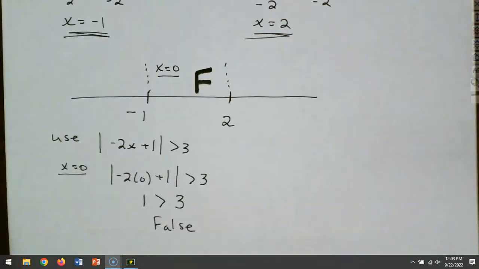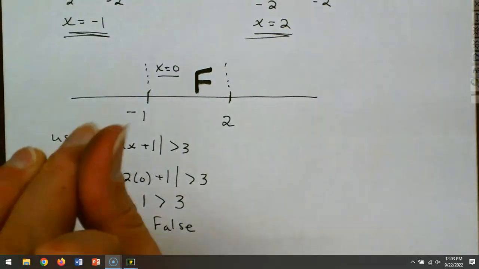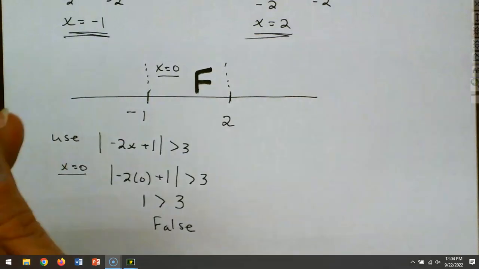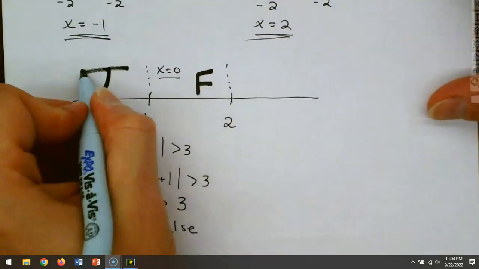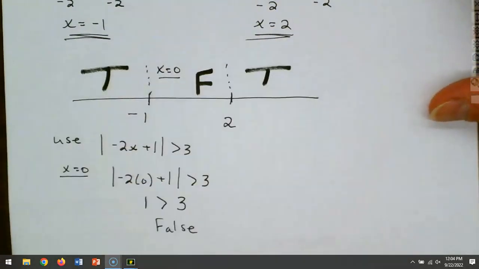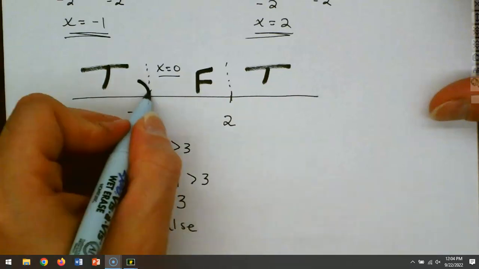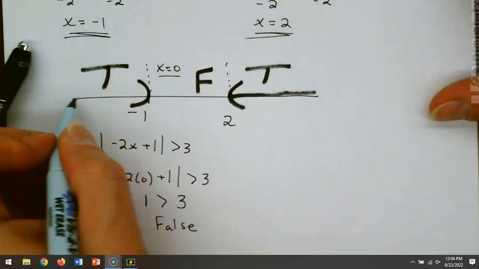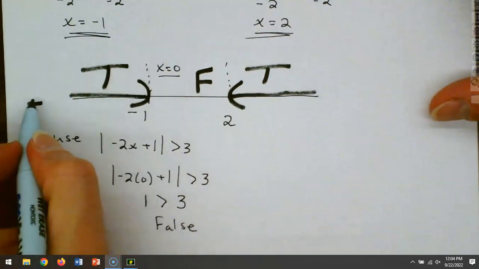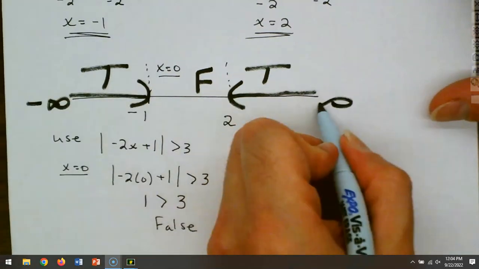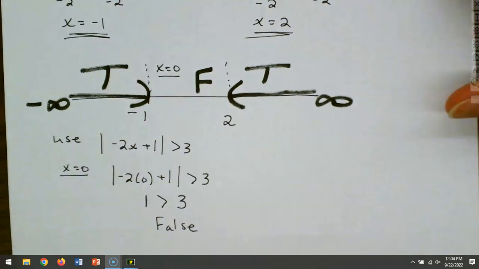Okay. Now that means that the middle is false, right? And what does that tell me about the edges? Yep, it's either true, false, true, or it is false, true, false. They always on these absolute values switch around. Brackets or parentheses on here? Parentheses, okay. And we're going to be here and here. So negative infinity is back to the left. Positive is to the right.